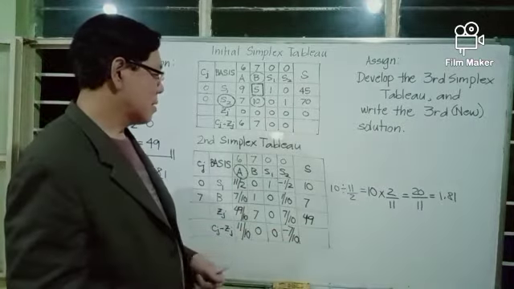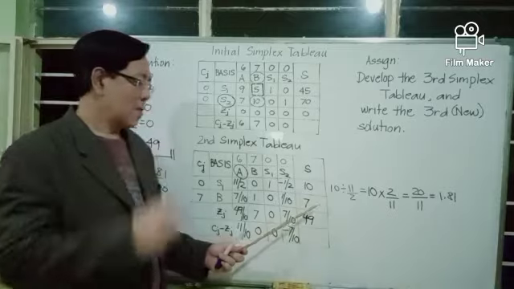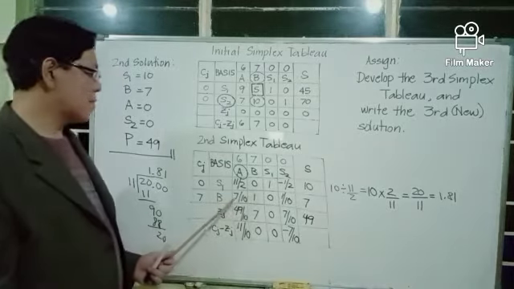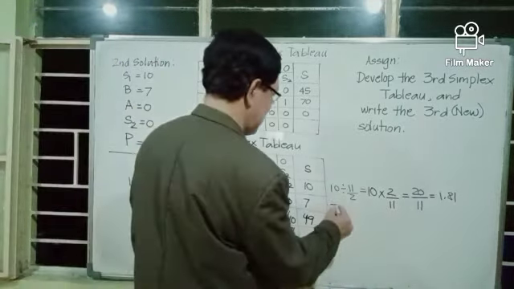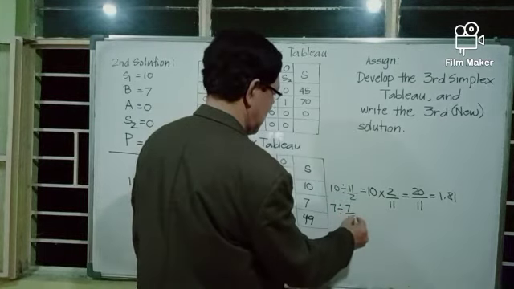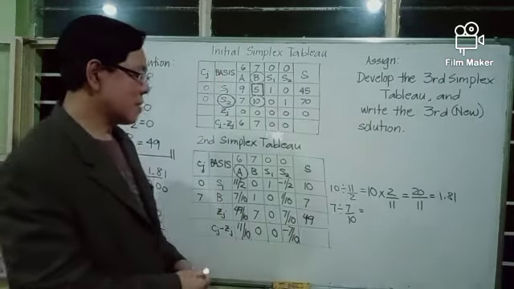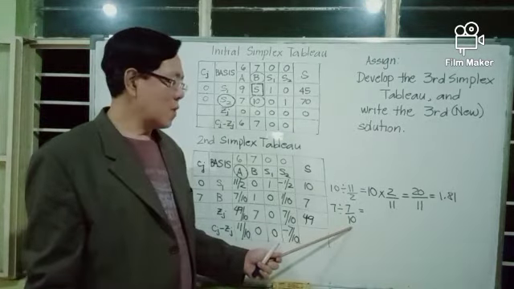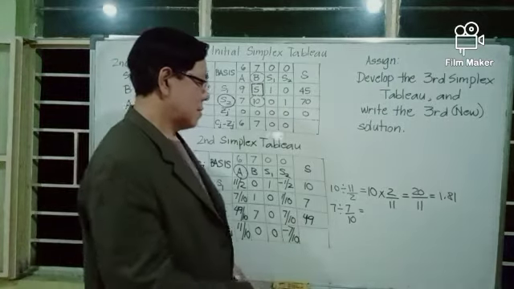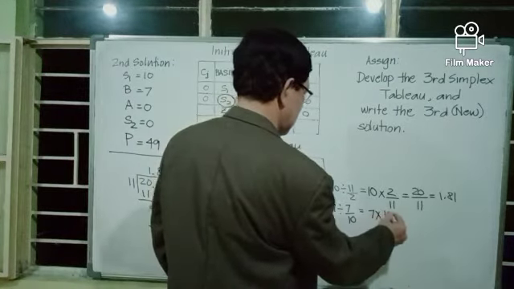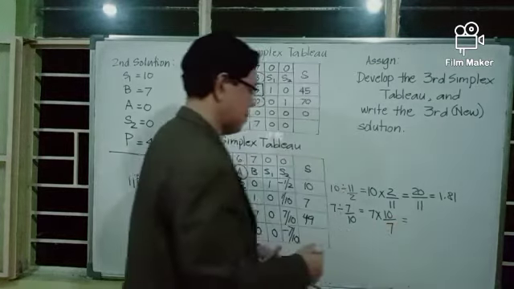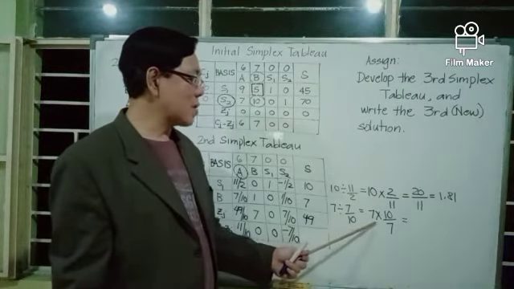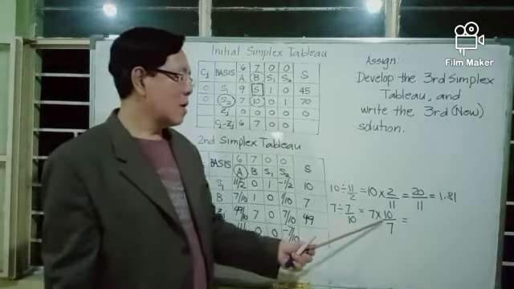Next, we divide 7 by the corresponding entry in the column of the entering variable. 7 divided by 7 over 10 is the same as multiplying 7 by the reciprocal of 7 over 10, which is 10 over 7.